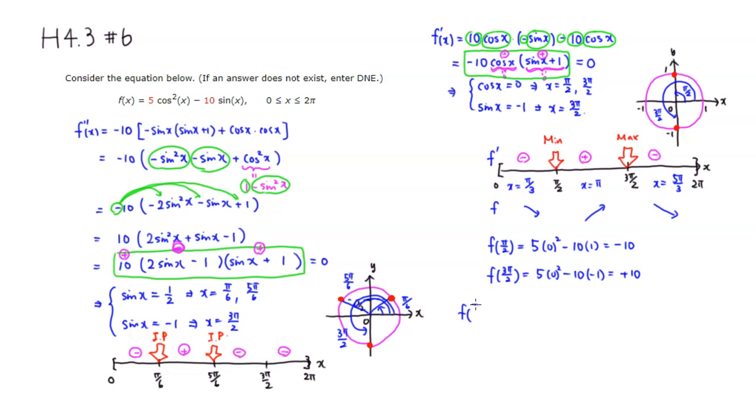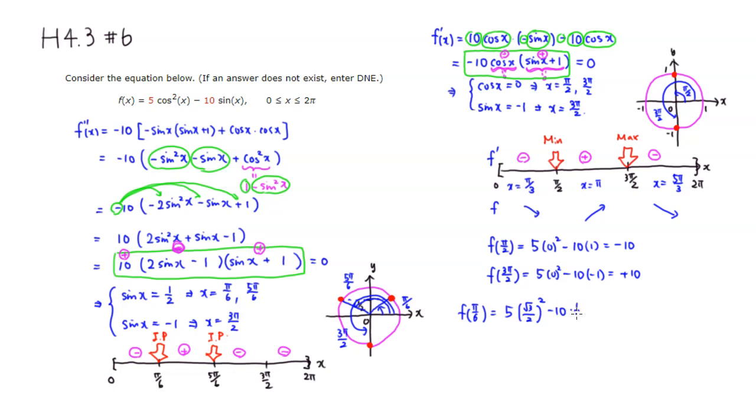We need to find f of pi over 6. Cosine of pi over 6 is what? Square root of 3 over 2. So 5 times square root of 3 over 2 squared, minus 10 times sine of pi over 6, which is 1/2.